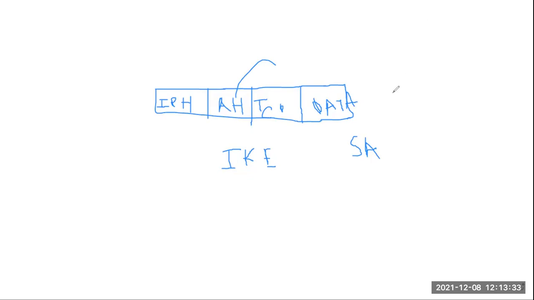And when the system sends a packet, let's say A and B are the two systems present, and A wants to send.